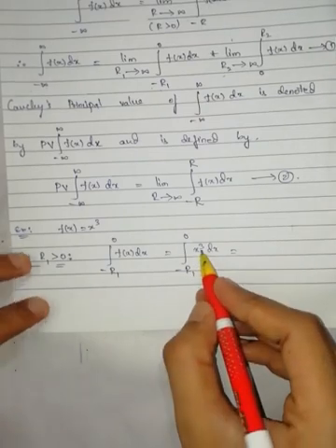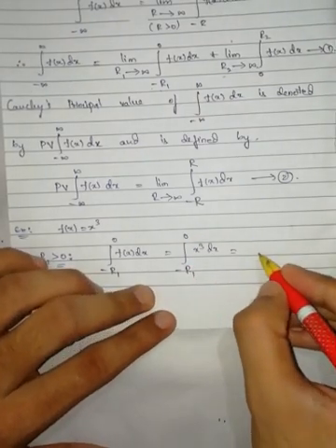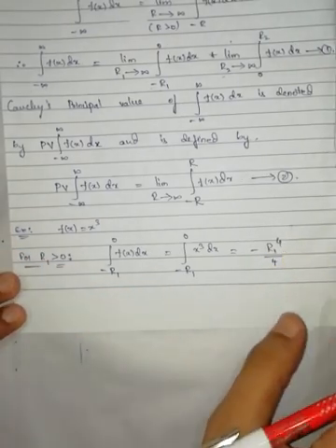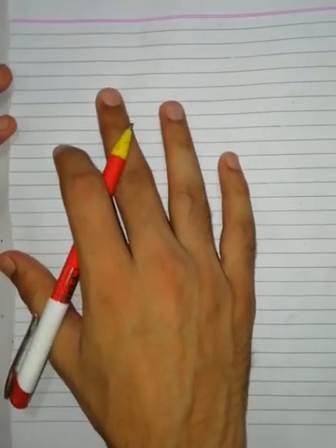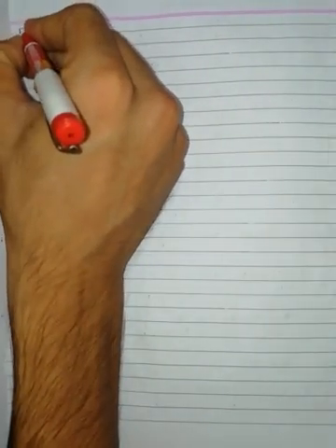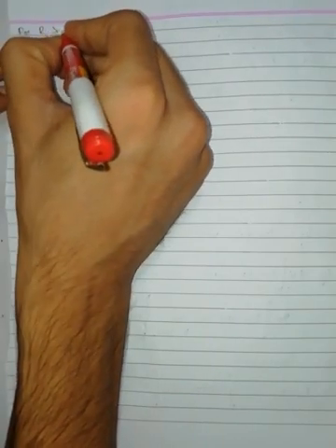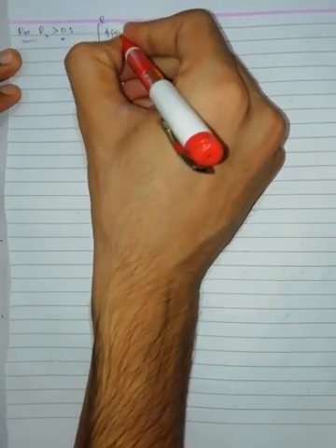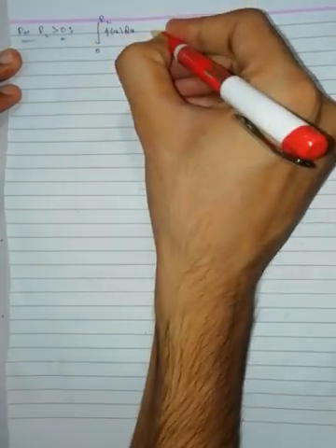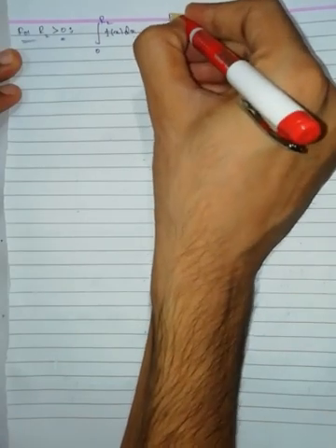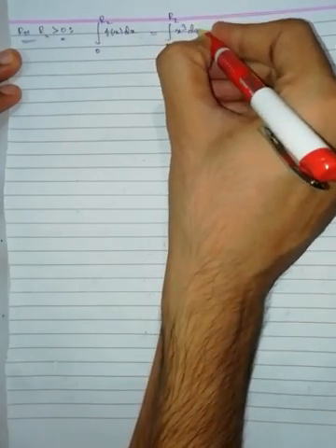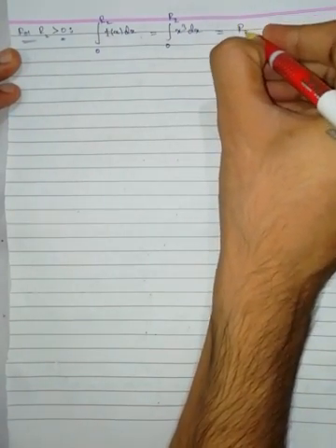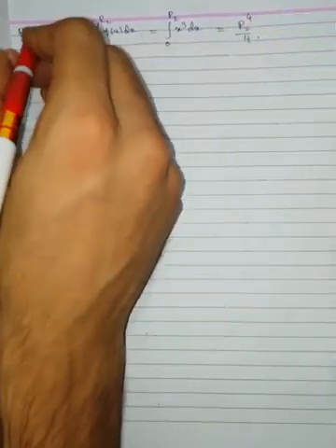Apply the integration and apply the limits, we will get minus r1 to the power of 4 by 4. Now for r2 greater than 0, integration 0 to r2 f of x dx is equal to integration 0 to r2 x cube dx. Apply the integration and apply the limits. We will get r2 to the power of 4 by 4.